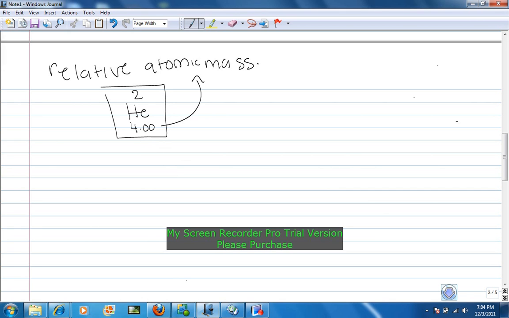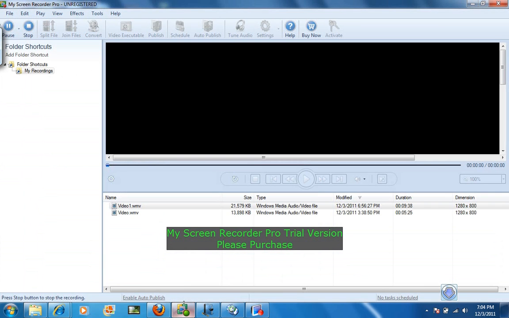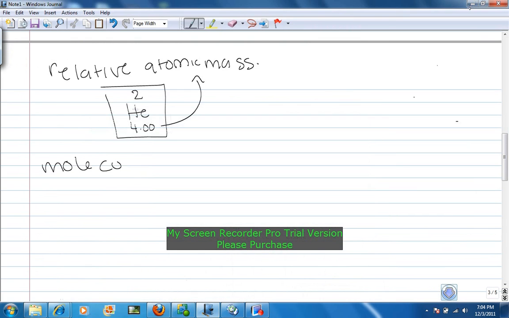But when you're talking about molecules, you don't get molecules, oh sorry, let's just go back. You don't get molecules from the periodic table. So when you're trying to figure out the relative molecular mass, it's still really simple. Let's give an example.